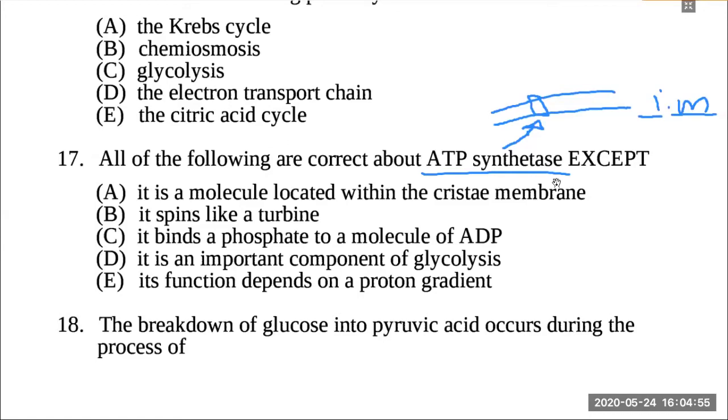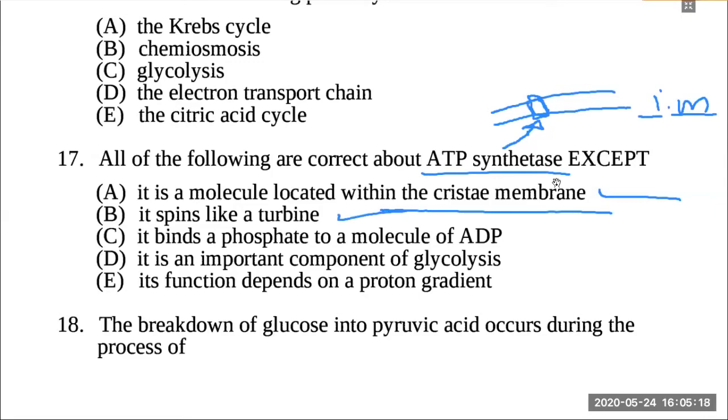It is a molecule located within the cristae membrane. Yes, it's located there. It spins like a turbine in the inner membrane, which means it crosses the membrane. So it's true.